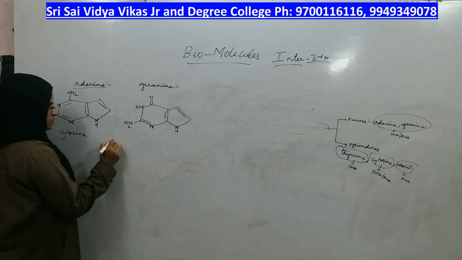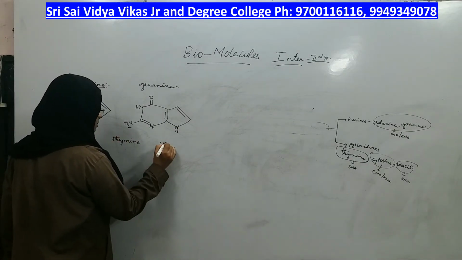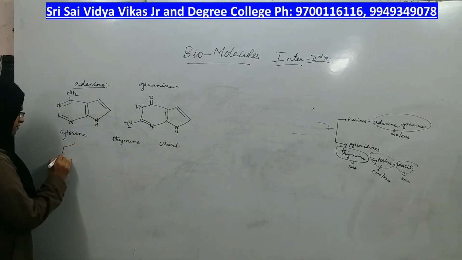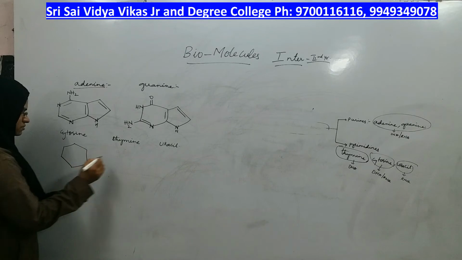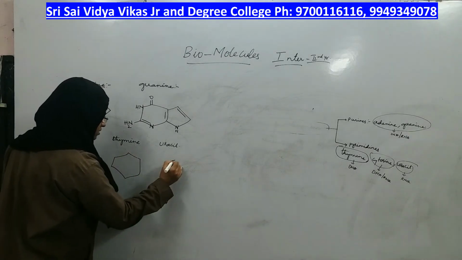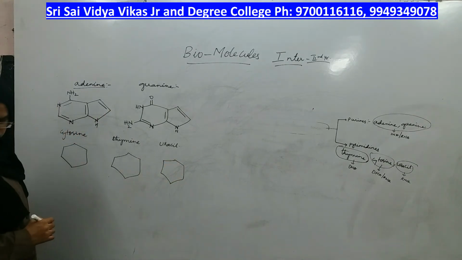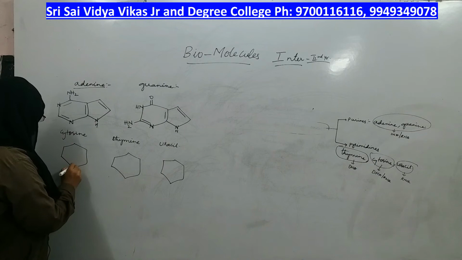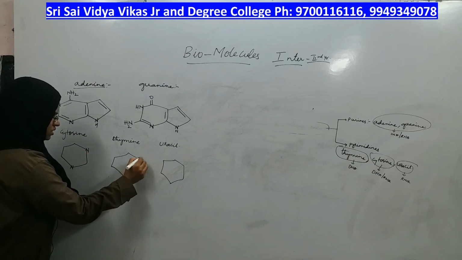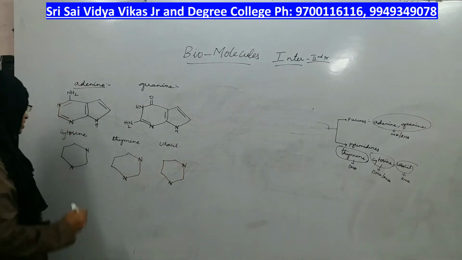Cytosine, thymine and uracil. Now let us look at the structures of cytosine, thymine and uracil. For all of them, what will we do? Same. This is nitrogen. Okay?